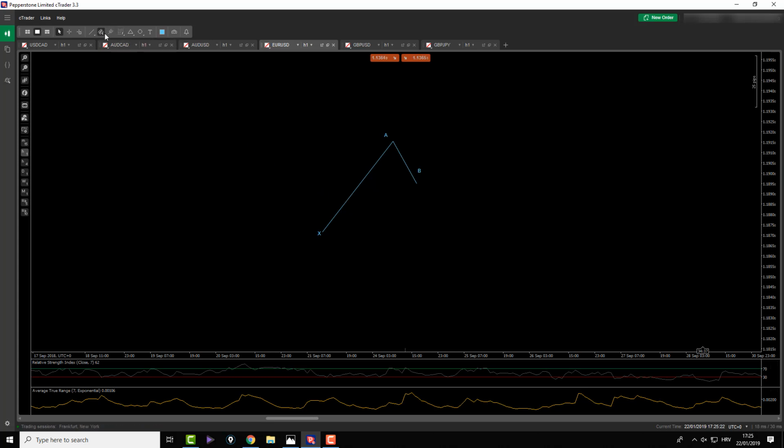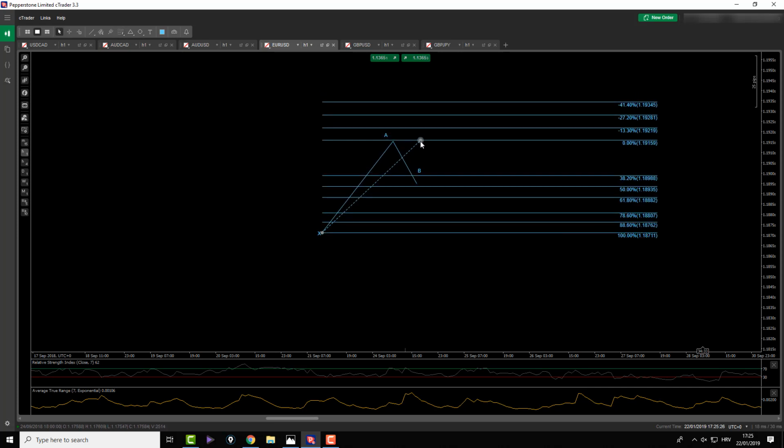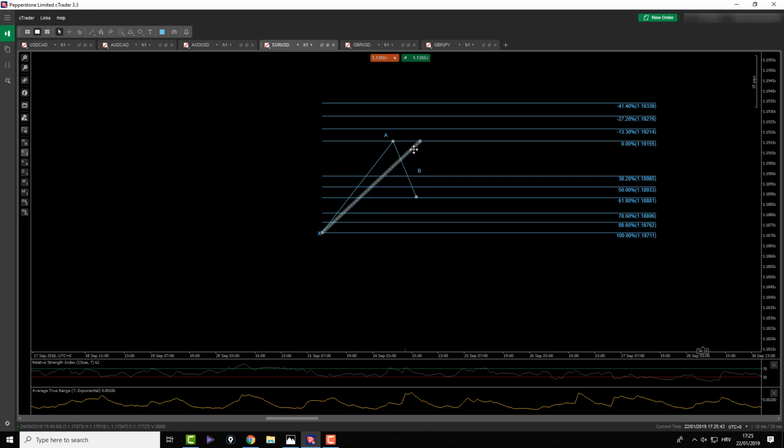So we take our fibs out, we draw fibs from X to A, okay, and we see that this B price point needs to be anywhere here but should not touch the 61. If it touches the 61 retracement from X to A, this pattern is gonna be invalid.